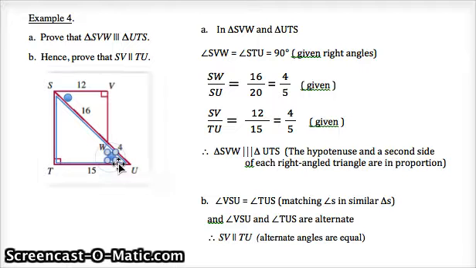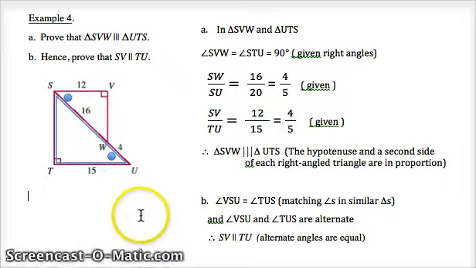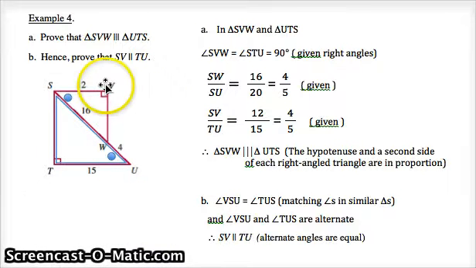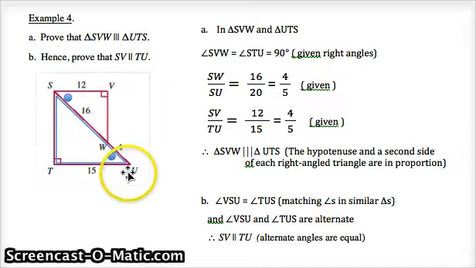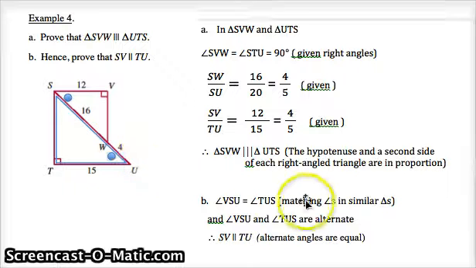So I've got a dot down here in this larger triangle. So we can say that angle VSU, this angle here at S, is equal to angle TUS because they are matching angles in similar triangles.